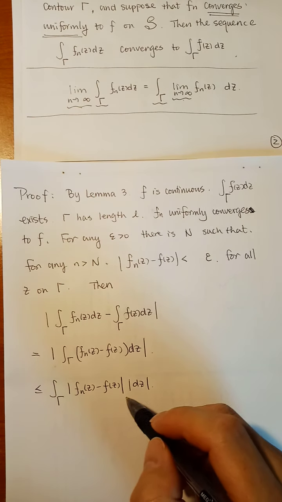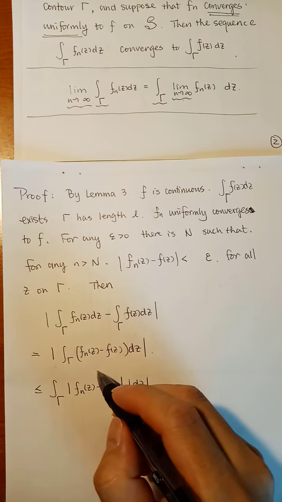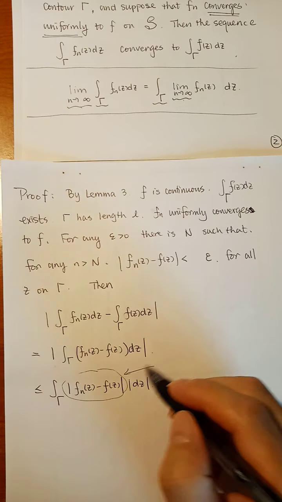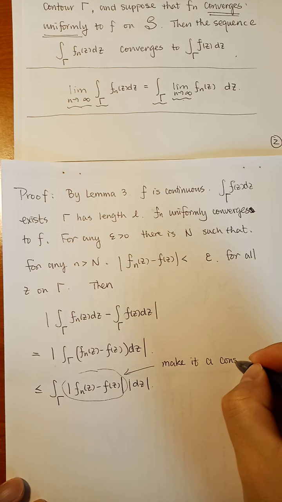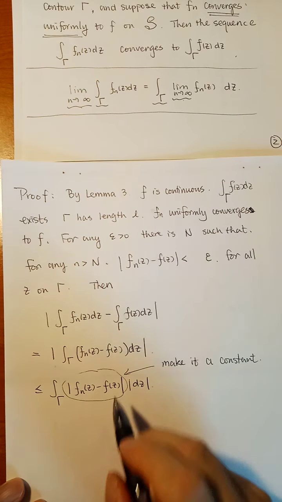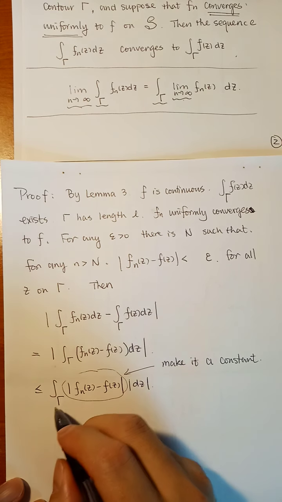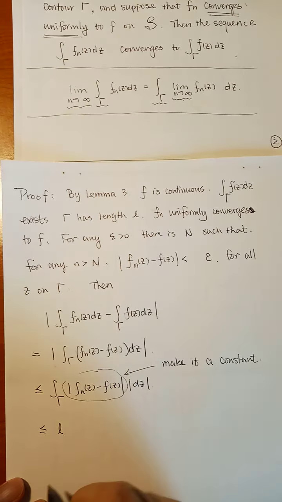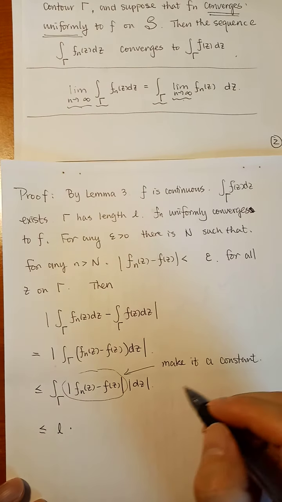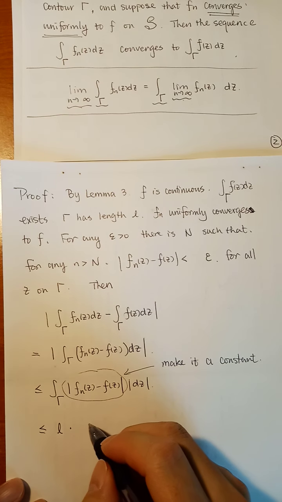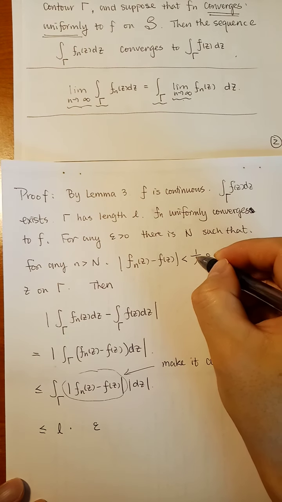And if we can estimate and control this, then it becomes a constant. Then you can move this constant forward, and you multiply by the length of gamma. So you have the length of gamma times this constant. You want this constant related to epsilon. So check here, we want 1 over L.